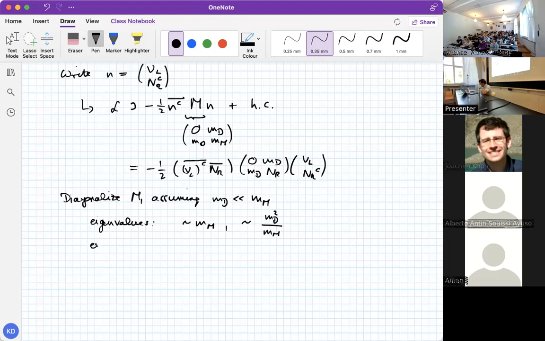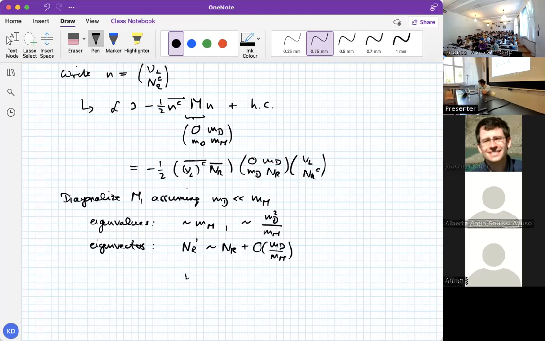And the eigenvectors are: there's an eigenvector that is very similar to what used to be the N_R field up to an order M_D over M_M correction.